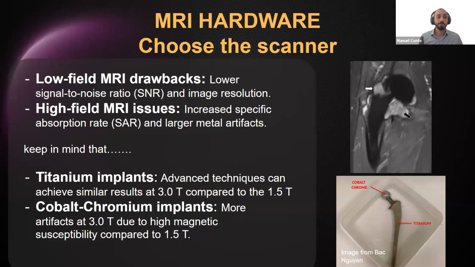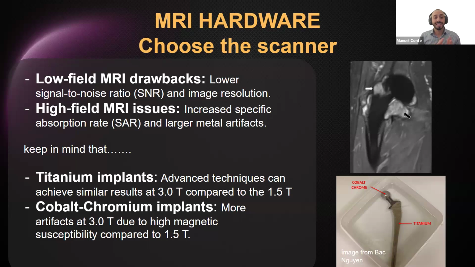With low magnetic field, we have, as I said, low SNR and low image resolution. With high magnetic field, we have increased SAR and larger metal artifacts. Also, as I said, the material is important.